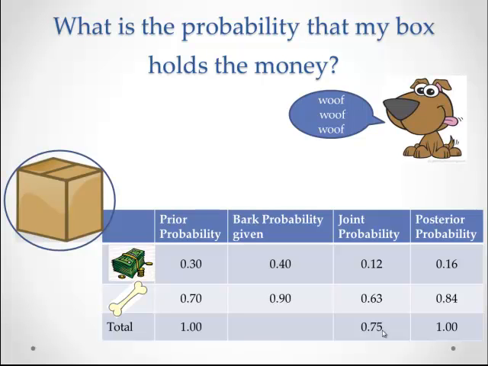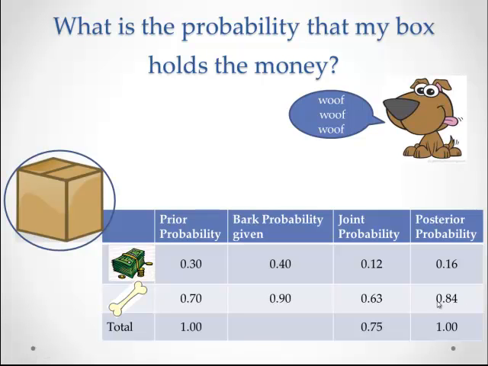On the other hand, the probability that I have a bone in my box went up from 70% to 84%. So now the question is, do I have the bone or do I have the money in my box? Given the probabilities, it's very unlikely that I have the money. There is an 84% chance that I have the bone in my box.